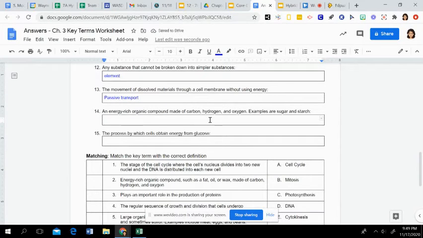Question 14, an energy-rich compound made of carbon, hydrogen, and oxygen. And examples are sugar and starch. This is considered a carbohydrate. And 15, the process by which cells obtain energy from glucose. That is called respiration.